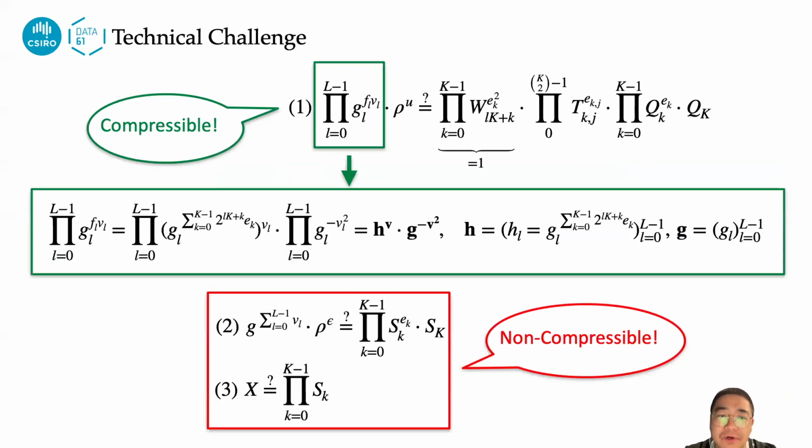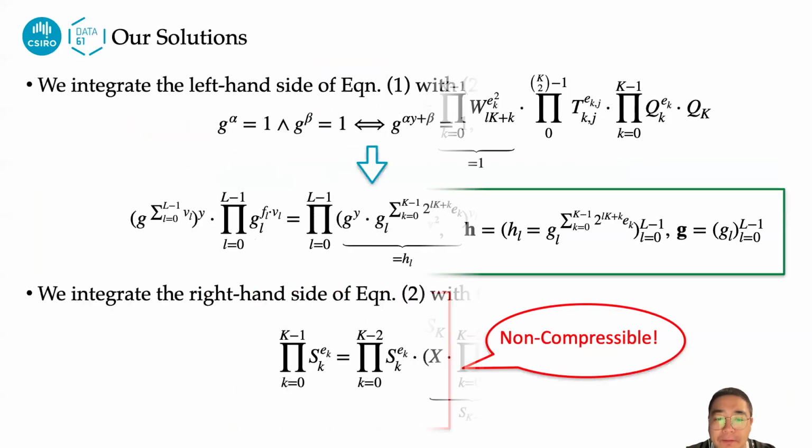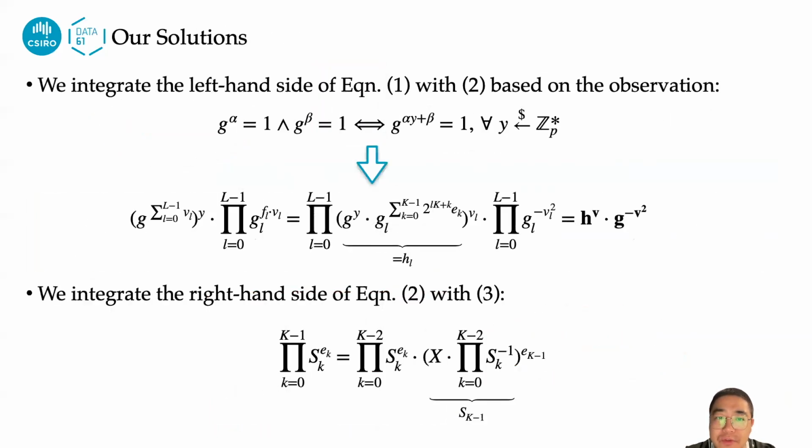Clearly, the third equation is not compressible either. So if we only compress the witness vector VL in the first equation, this will lead to the invalidity of the other 2 equations. So we come up with a solution to address this technical challenge.